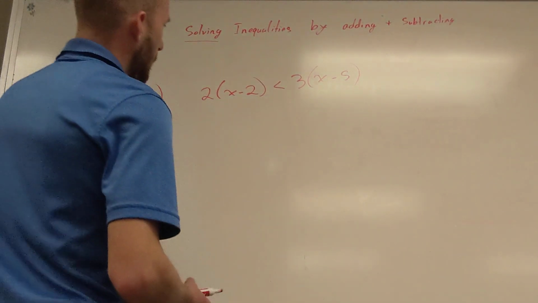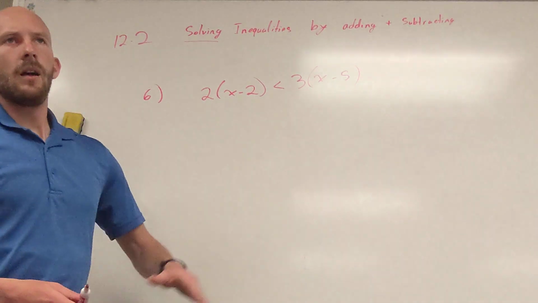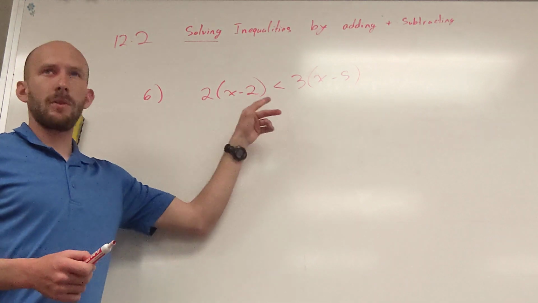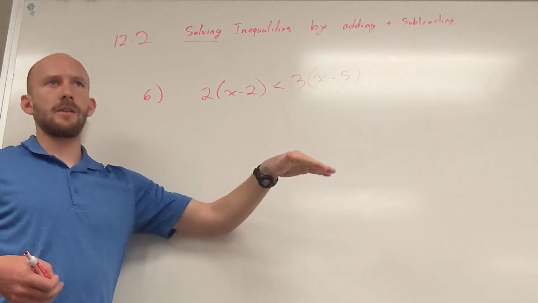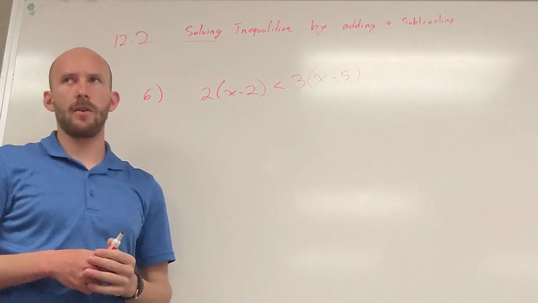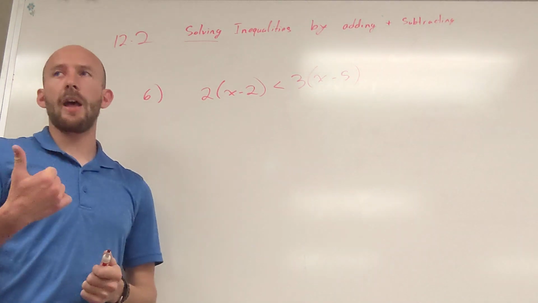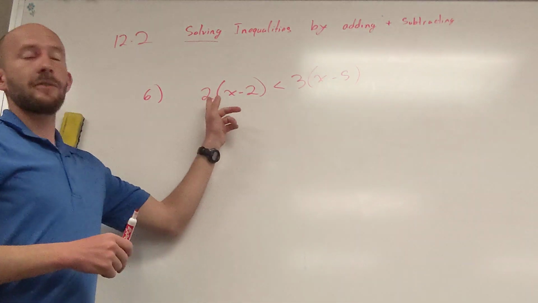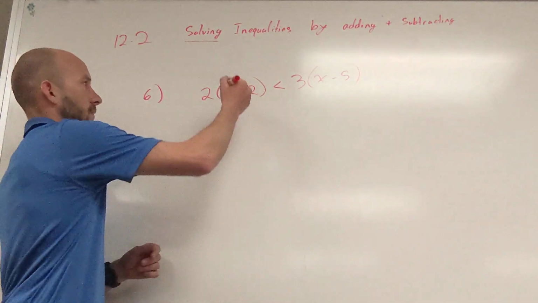Okay. This should probably be our last example. Everything here is going to work exactly the same. I just have to simplify to get rid of the parentheses before I do anything else. So when I have parentheses and I'm multiplying, I have to distribute the 2.